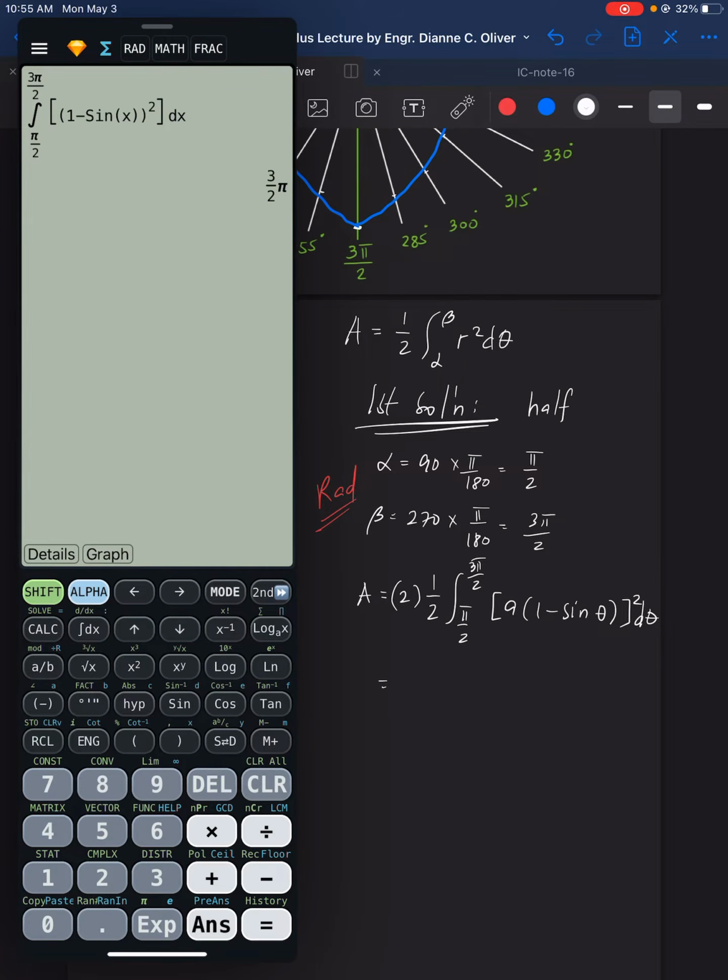So that's 2 over 2 times 3 pi over 2 a squared.